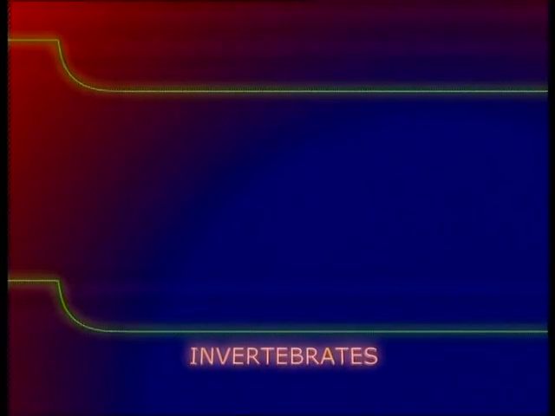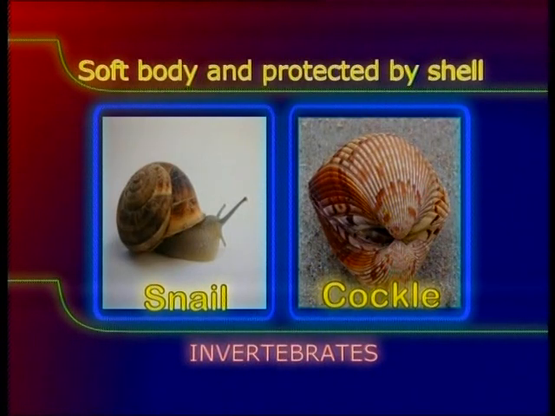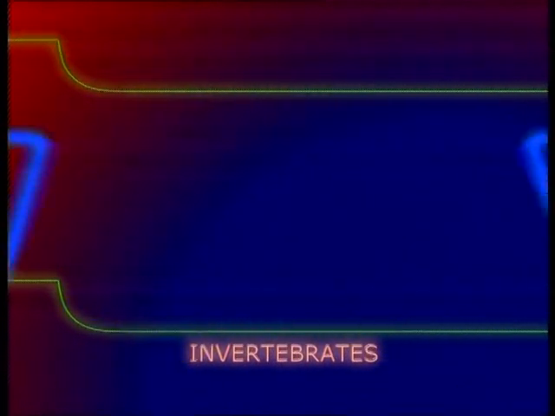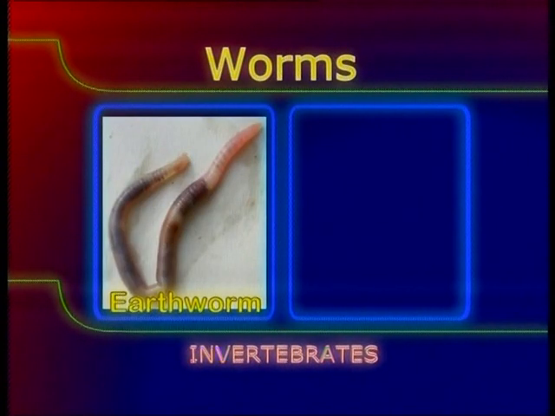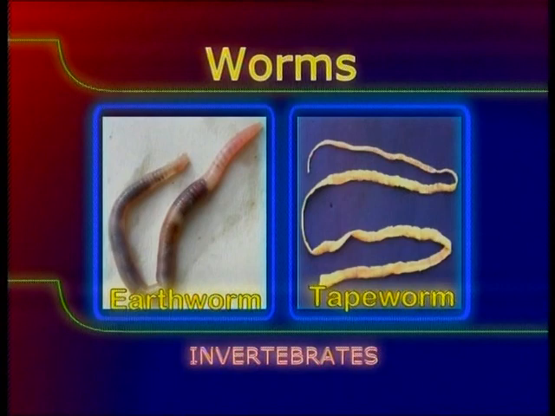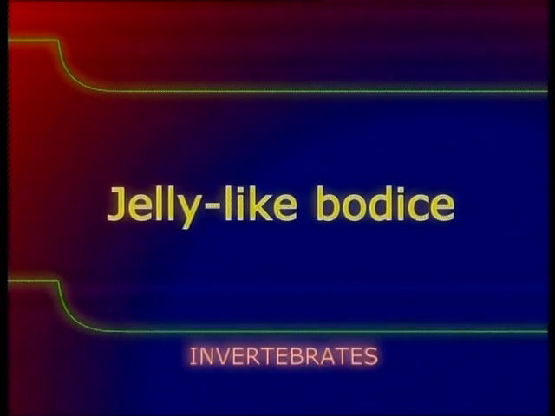Next, we have the group that has a soft body and protected by shells, like the snails and cockles. Then we have the worms, for example, the earthworm and tapeworm. Next, we have the one with jelly-like bodies, with tentacle stinging cells.